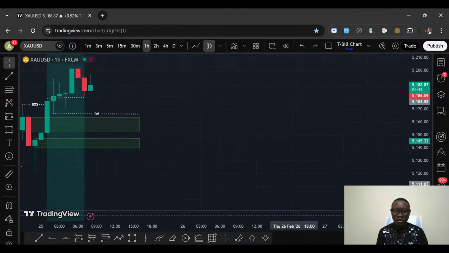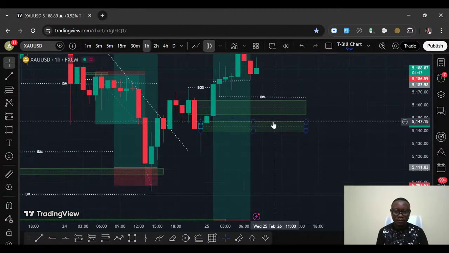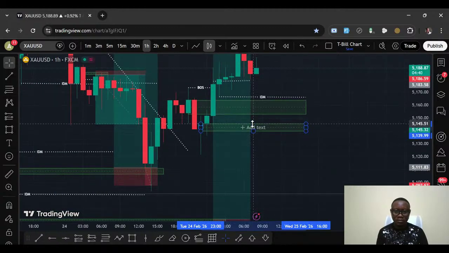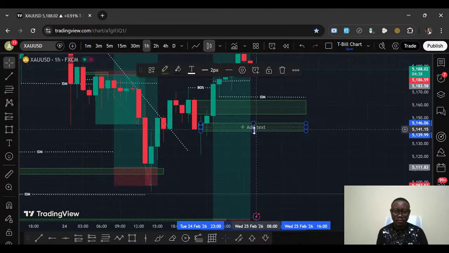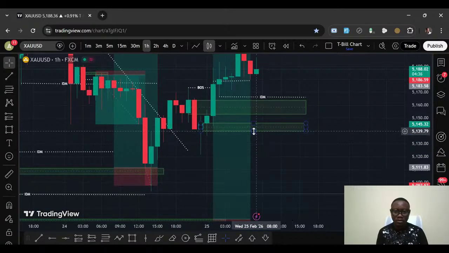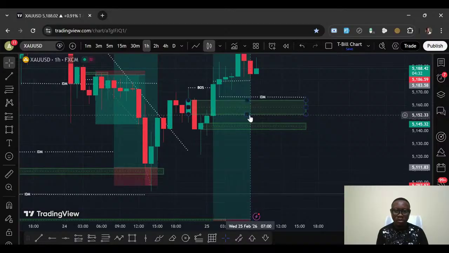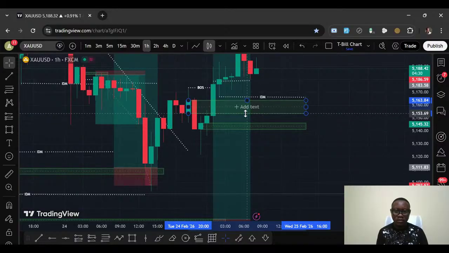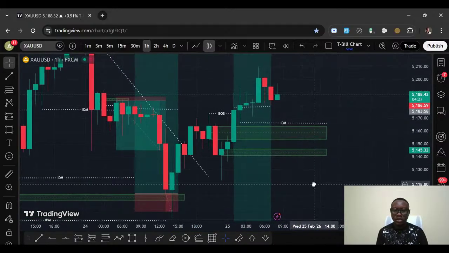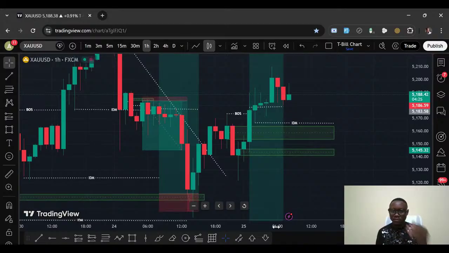Let me zoom in a little more. So I have this right here and this right here. And for my breaker block, I have this right here. And this is my inducement.